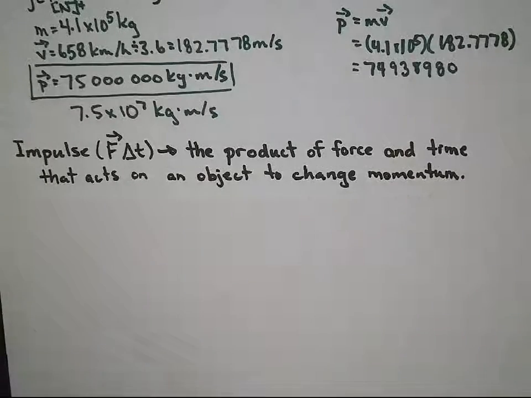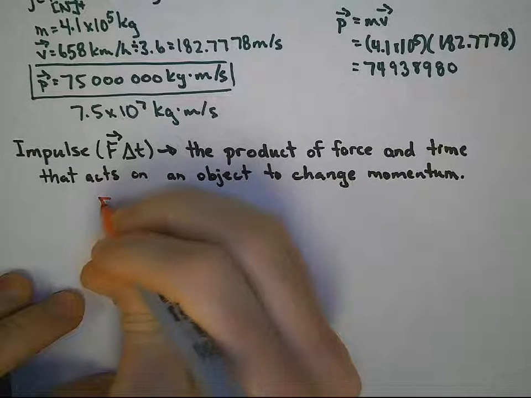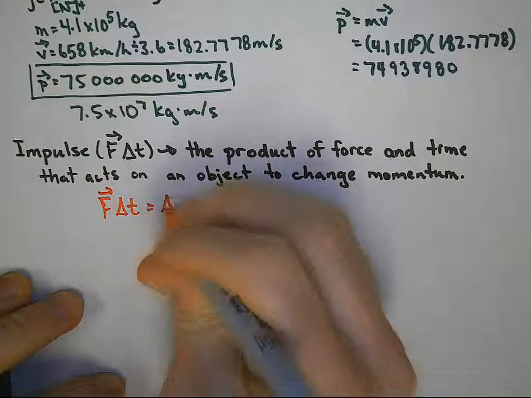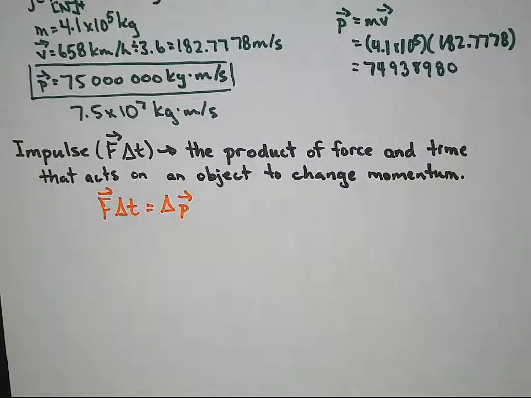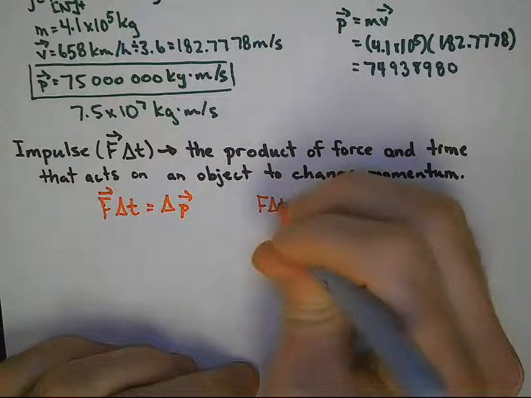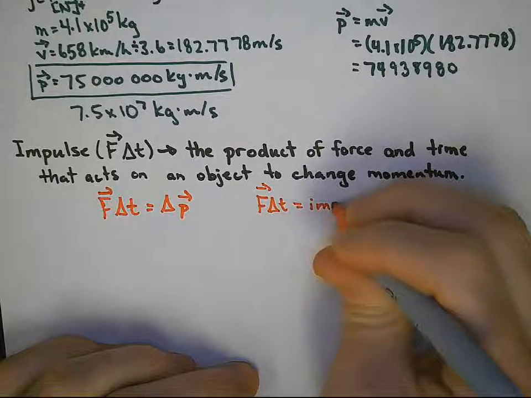Mathematically, when we talk about impulse, F delta t, which is our impulse, is equal to our change in momentum. F delta t is our impulse.